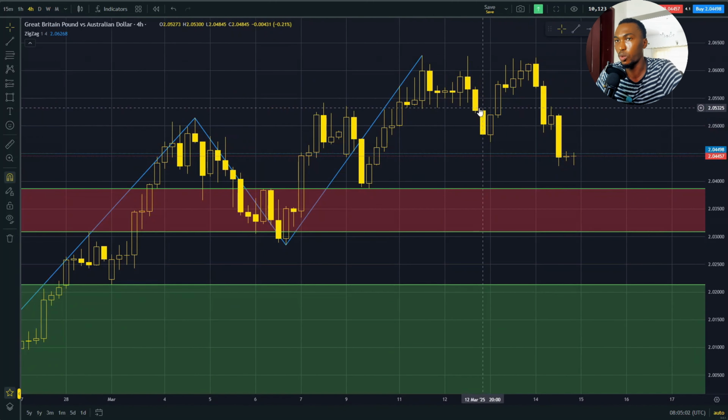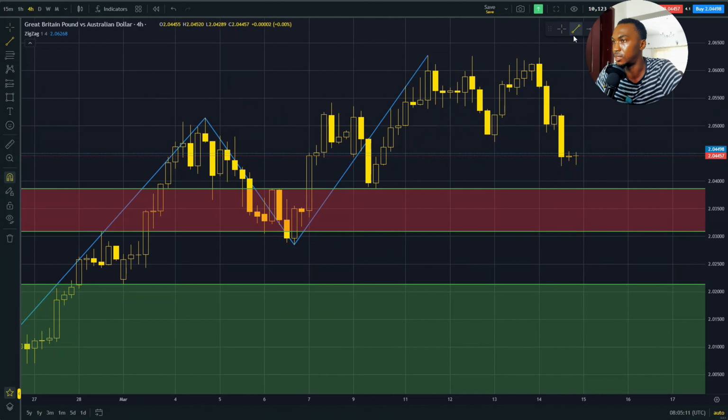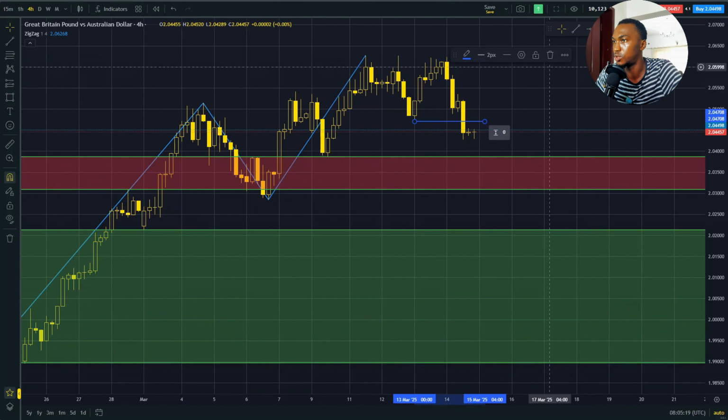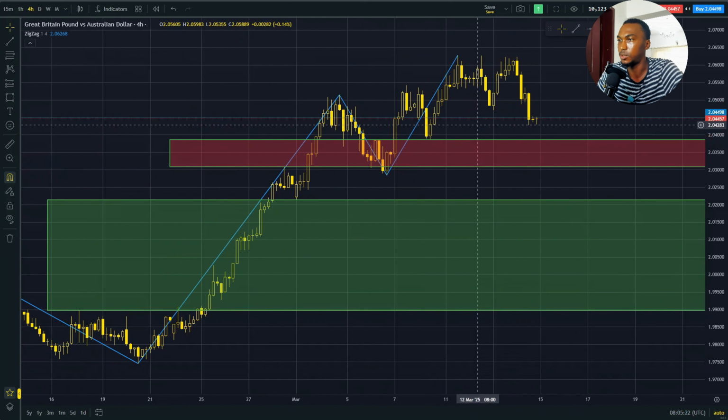You can see that strong move on the 4 hours. It went up, went down, went up, went down with severe force. And if you notice exactly what I said in the previous one, it seriously broke this structure. So what I'm looking at this week is to short this market, British pound, Australian dollar.